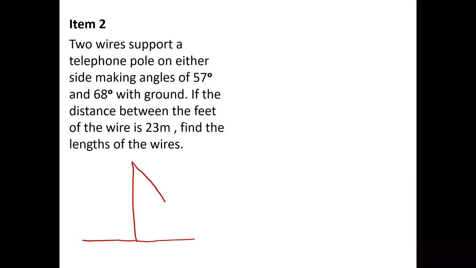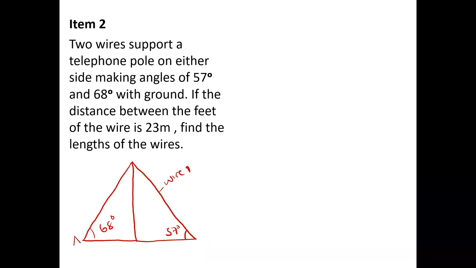And remember, this is the first angle, the first wire. This is wire 1. And I also have the second wire, which is making an angle of 68 degrees with the ground.